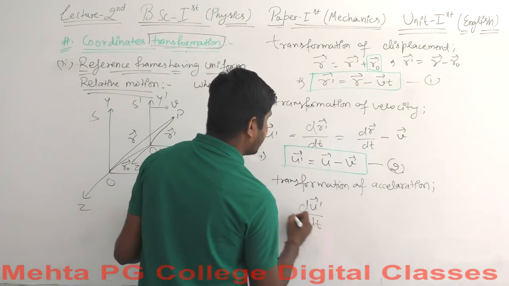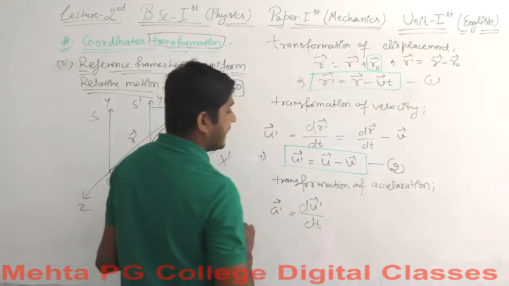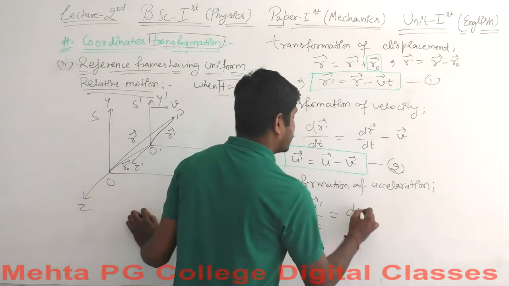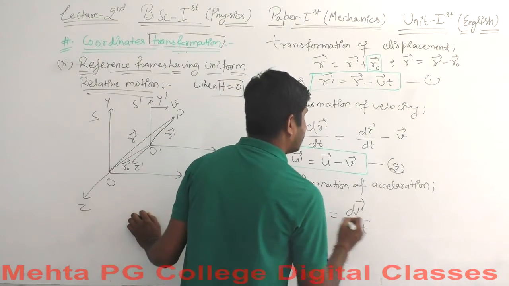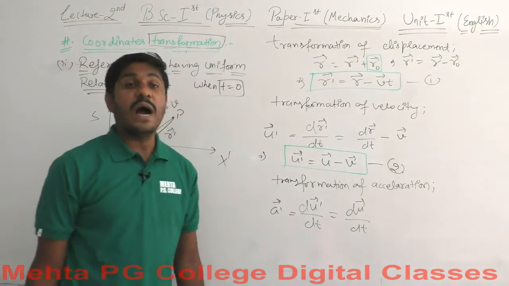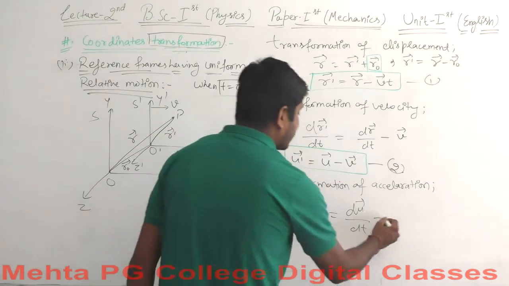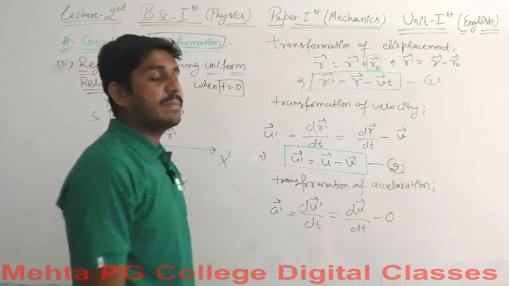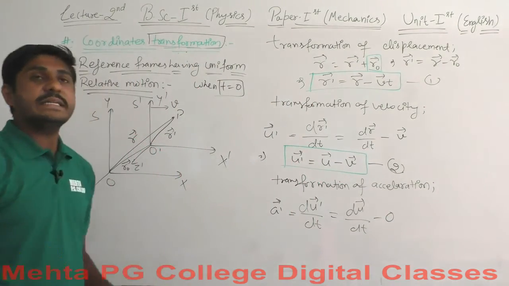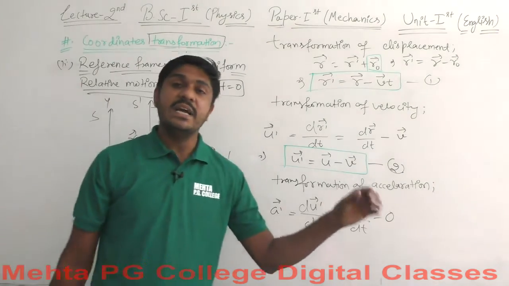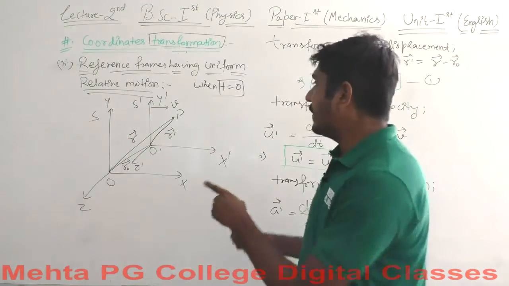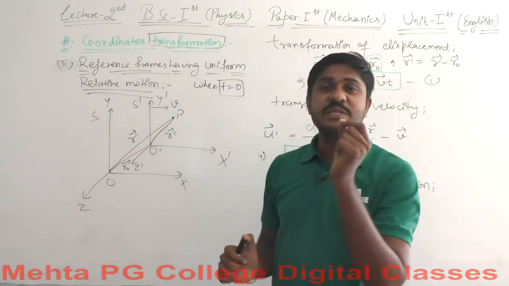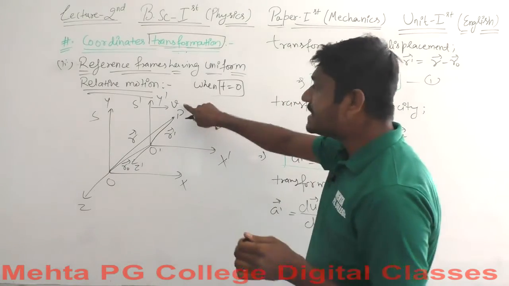So let's find out what the acceleration equals: du dash over dt, which equals, say, a dash, and this equals du over dt only. Why? Because this particular quantity dv over dt will equal 0, since we assumed that the secondary reference frame is moving with a constant velocity.